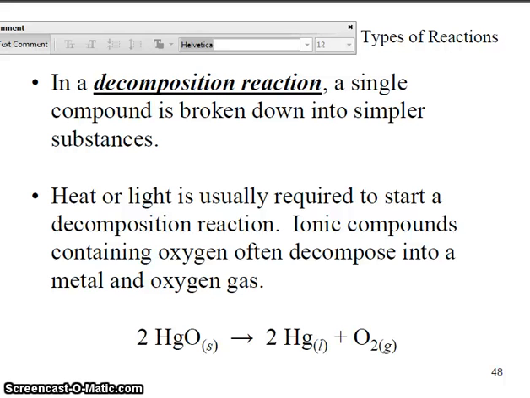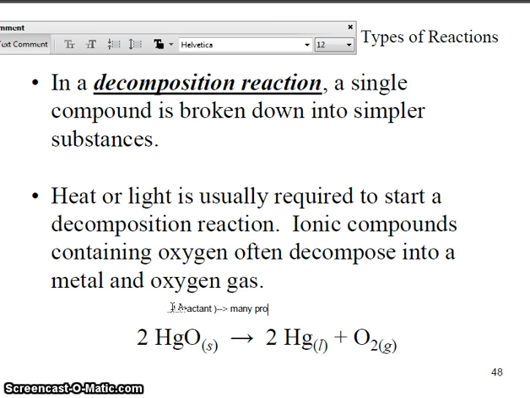So usually decomposition will require some kind of heat or light to trigger the reaction, and something like mercury oxide, for example, gives you mercury and oxygen gas. So you start with a complex thing, one reactant, and you're going to get many products out of it.